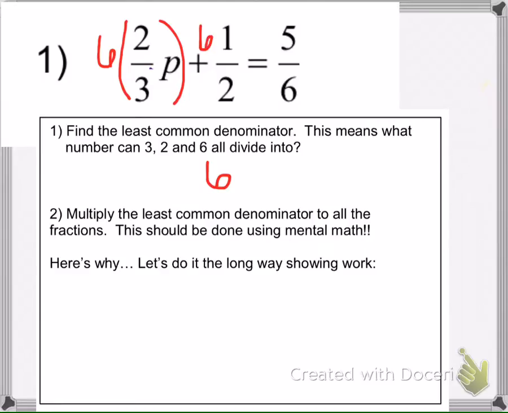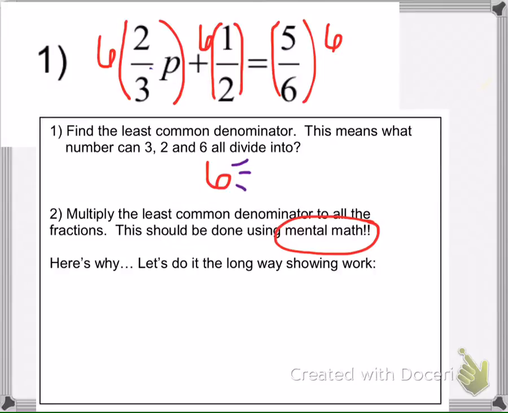We're going to multiply 1/2 by 6. And we're going to multiply 5/6 by 6. Every single term in the equation by 6. Now, we should be able to do that using mental math. I'm going to show you, without mental math, doing it the long way, what's happening to review your fraction rules.